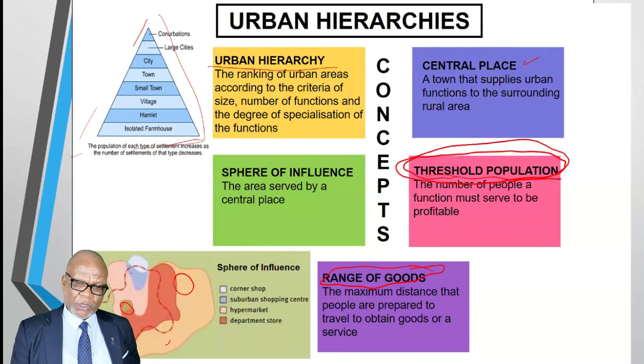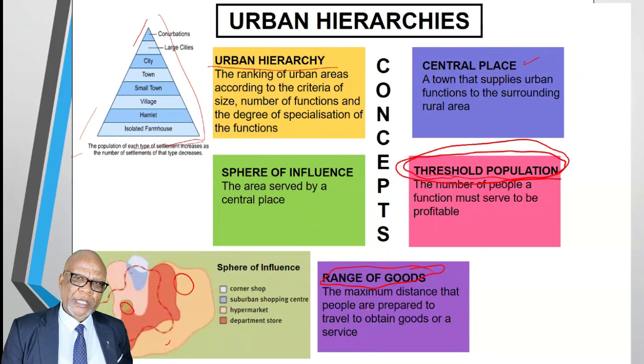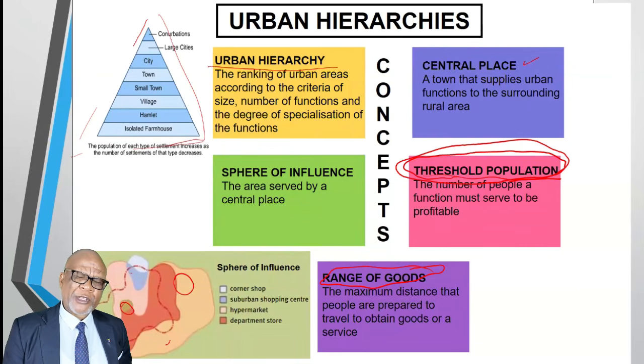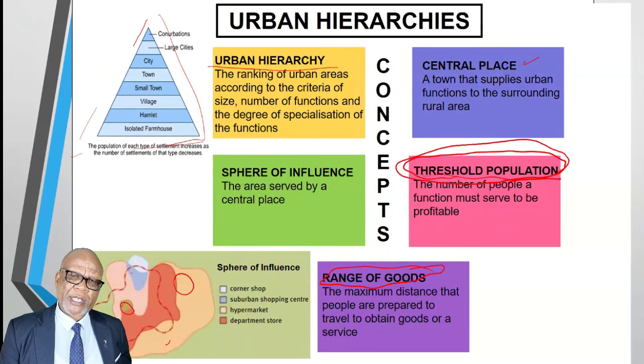So the low order goods have got a smaller range than high order goods. Low order goods are cheaper.